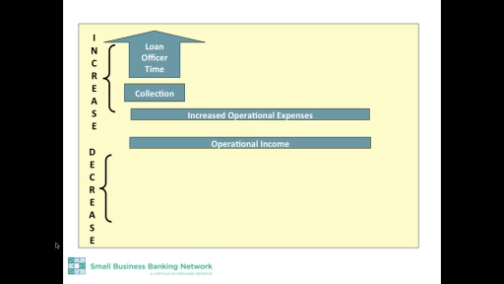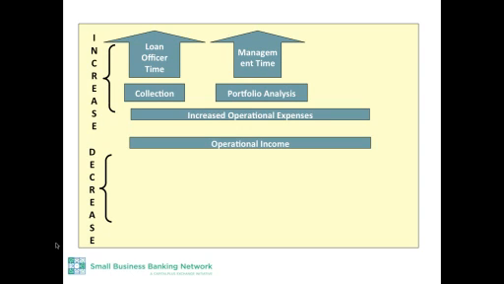We have to intensify collection effort, and it will eat up a lot of our loan officers' time and also management time, doing portfolio analysis, and also the cost of litigation. Our lawyers won't move for free. We have to pay them good money. So that eats up our operating income.